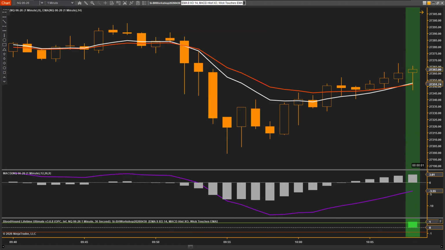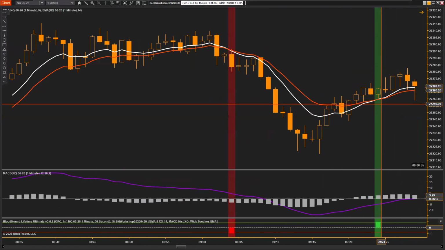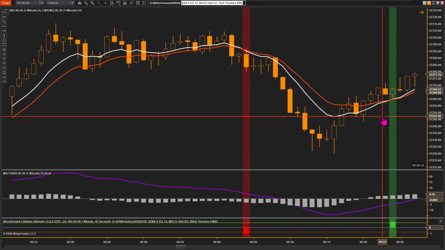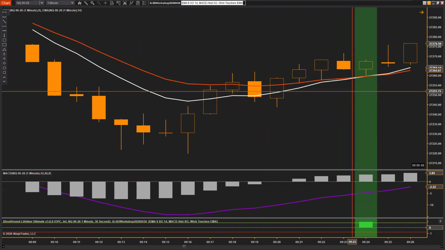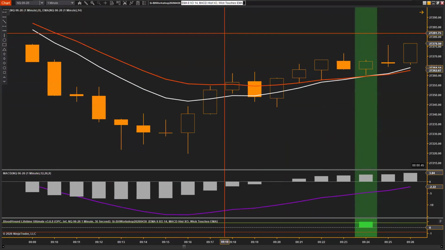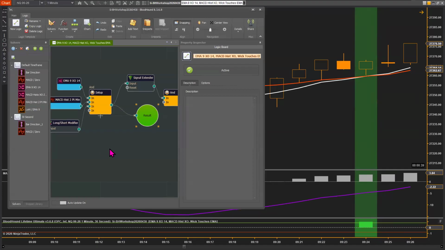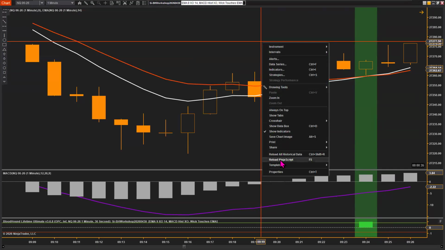Let's take a look at this. Oh, yeah, this one's kind of questionable. Although the wick didn't. Oh, wait, actually. That wick's not even touching. Let's see here. All right, yep, let's do a reload.